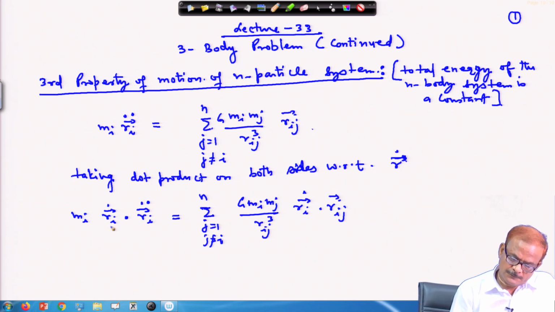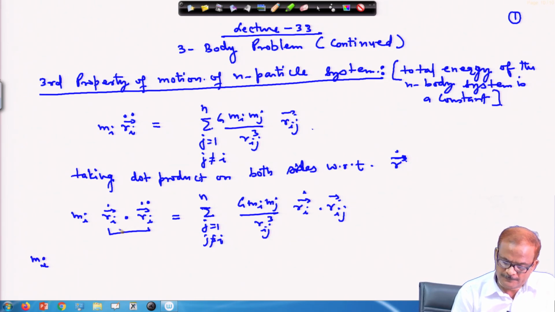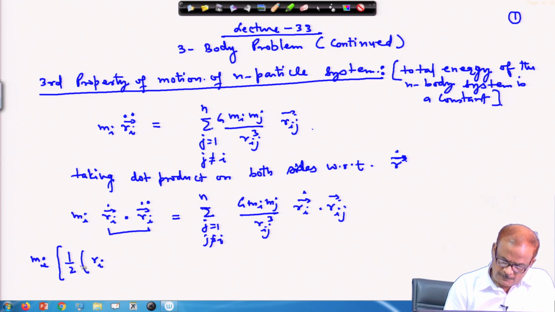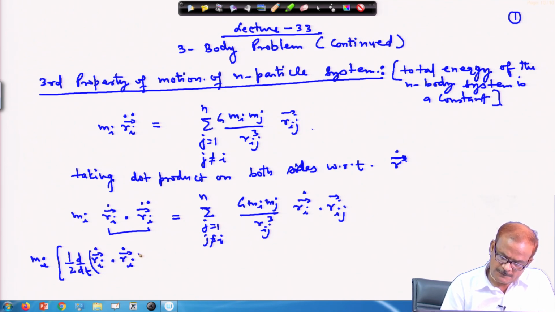Okay. Now, in this equation, as per the two body problem which we discussed, we have taken care of this kind of term. So, this can be written as 1 by 2 d by dt of r I dot dot r I dot.